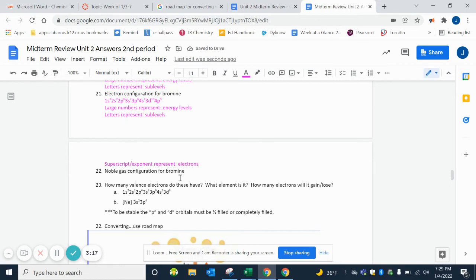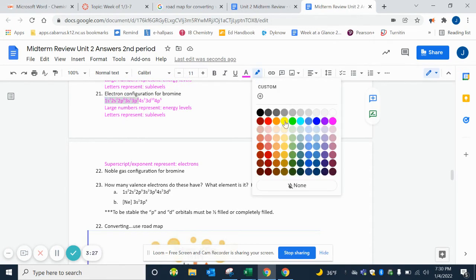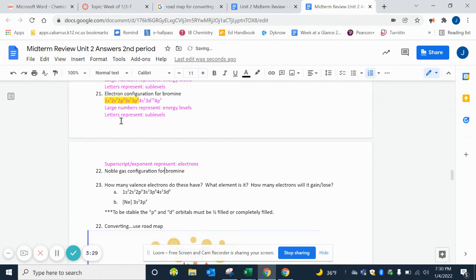Okay, we can take that and we can shorten it even more. If we look on the periodic table for the noble gas that comes before bromine, that would end on the 3rd energy level. So we're kind of like taking away all of this, 1s2, 2s2, 2p6, 3s2, 3p6. And so we can put the noble gas that comes before bromine, which is argon, and we can just put it in brackets, and that takes care of all of those inside electrons.